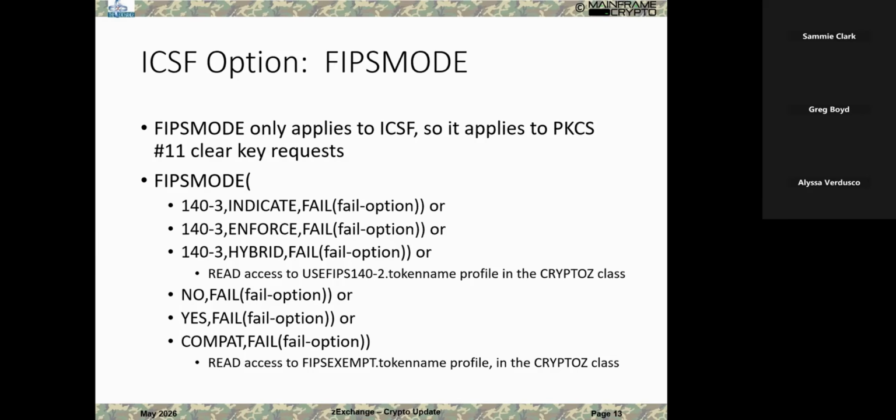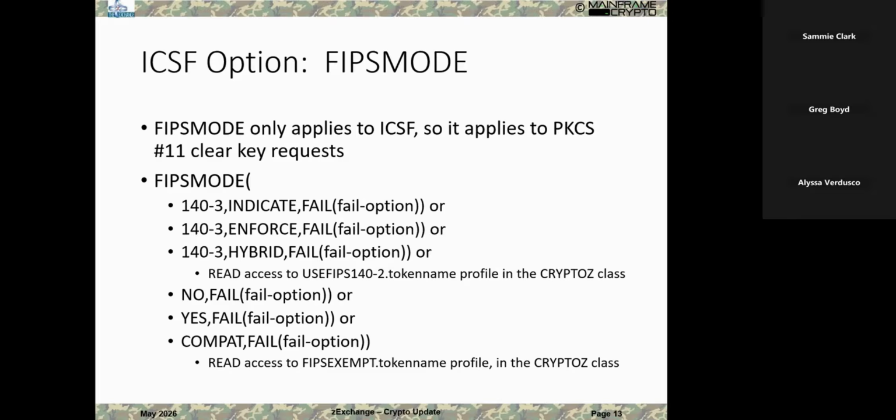140, the first option there, indicate, says yeah, we still want to do FIPS, but it doesn't necessarily have to be 140-3. There are some cases where FIPS 140-2 is still acceptable.